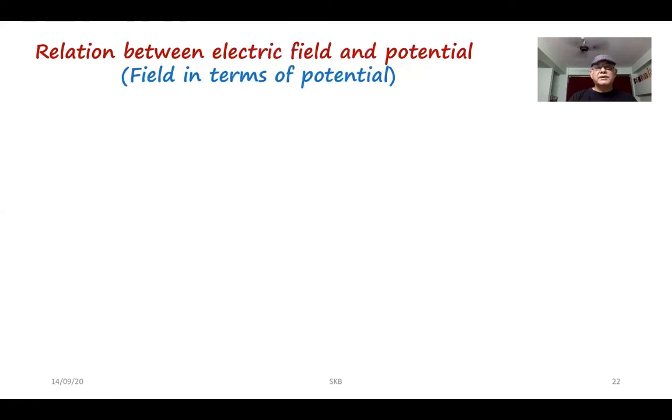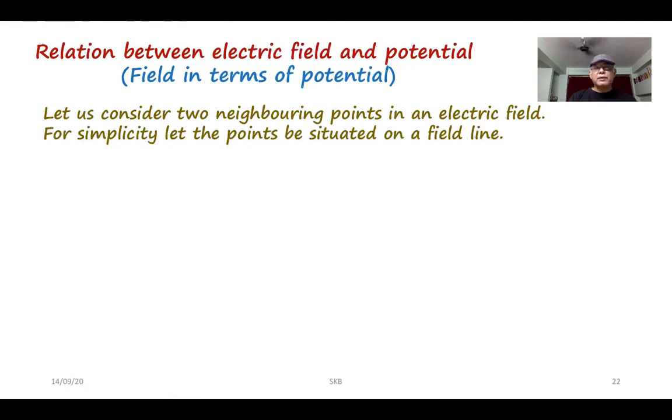Relation between electric field and potential. We are interested in a relation that will give us electric field if potential V is known. Let us consider two neighboring points in an electric field. For simplicity, let the points be situated on a field line.